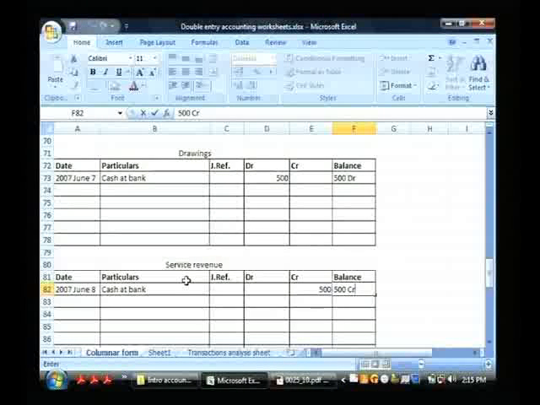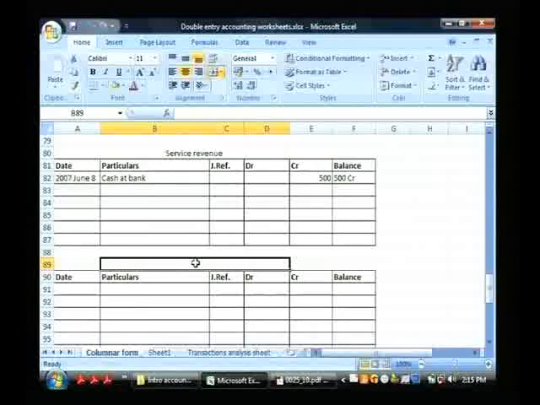9th, Debtor Goroka Restaurant debit and service revenue credit. It is a credit transaction.